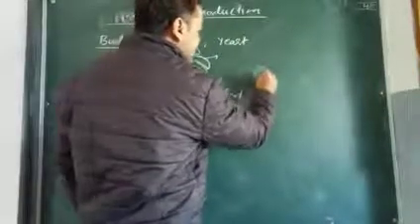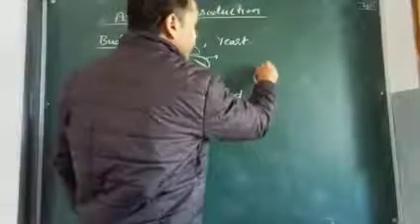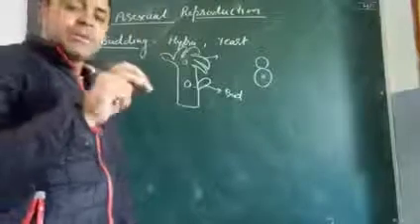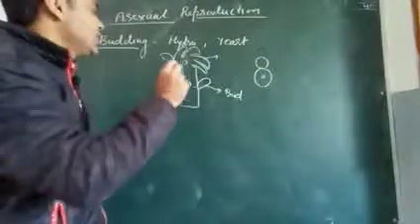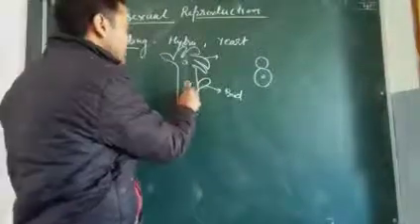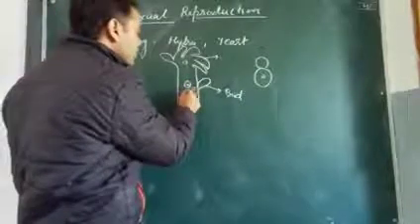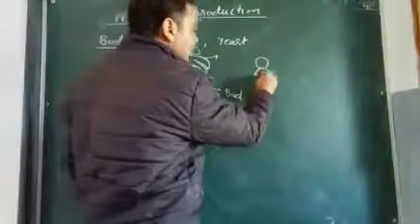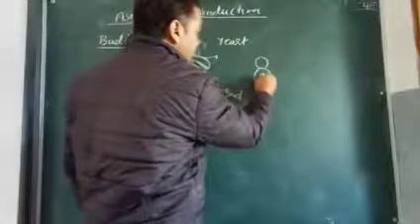Suppose this is the yeast. So what will happen? A small outgrowth will start to form, and meanwhile the nucleus will start to divide into two daughter nuclei. Similarly here also it will divide into two daughter nuclei.